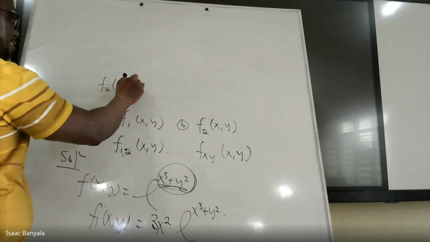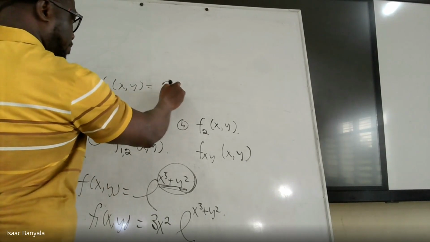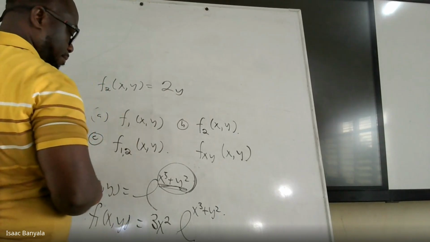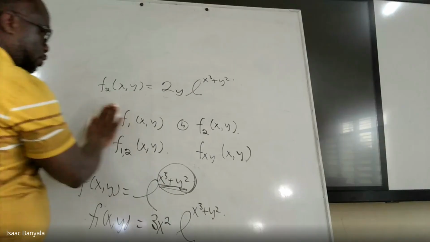So you have 2y multiplying e raised to the power x cubed plus y squared, plus e raised to the power x cubed plus y squared. That's it. Now let's go to the last one.